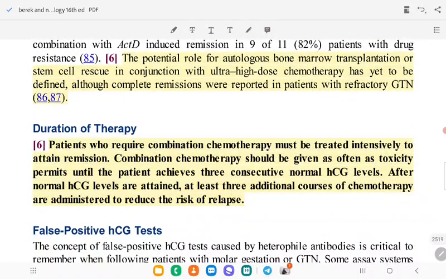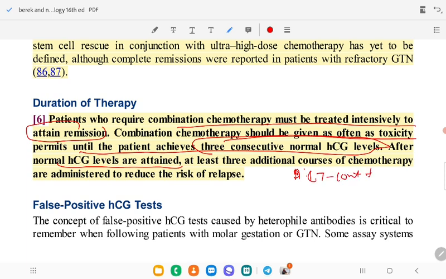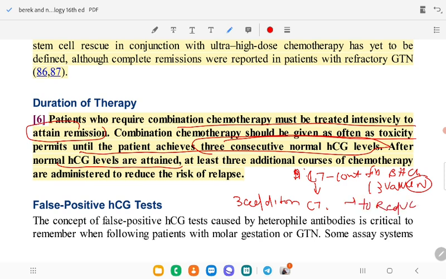Patients requiring combination chemotherapy must be treated intensively until remission. Combination chemotherapy should be given as toxicity allows until the patient achieves 3 consecutive normal levels. After normalization, remember to continue chemotherapy for 3 additional courses to reduce relapse.